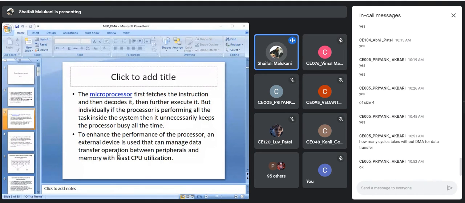And one more thing: suppose you want to go for time saving with bulk data transfer. Suppose I want to transfer 100 bytes. Every time, I will require one more instruction to decrement your counter.